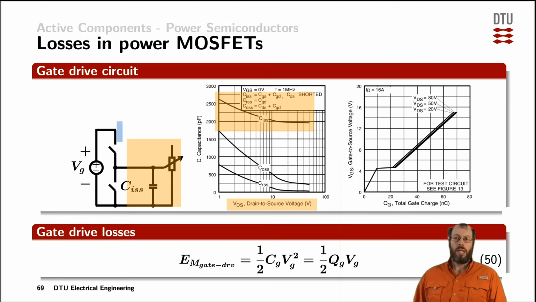Now, a gate driver is typically another IC, another integrated circuit, which has its own supply represented by VG here. And the output stage of that gate driver is very often a totem pole configuration with a high side device and a low side device.